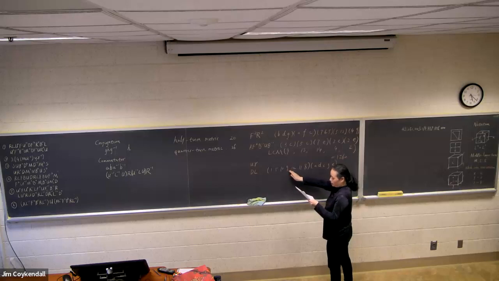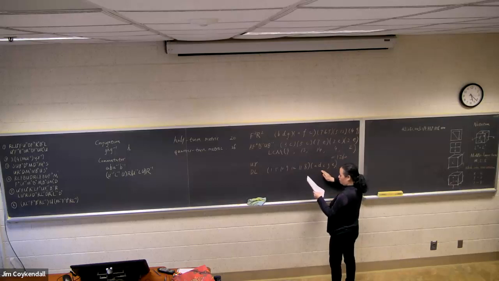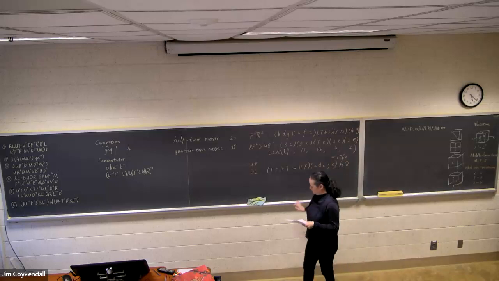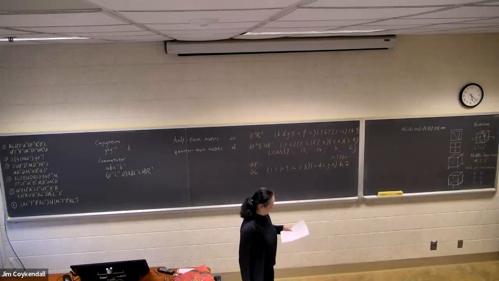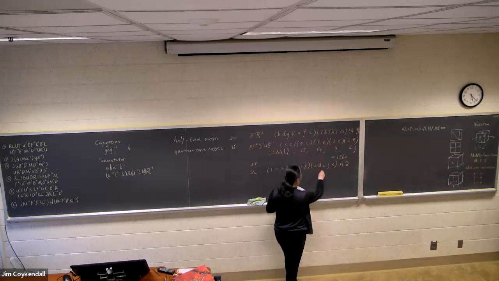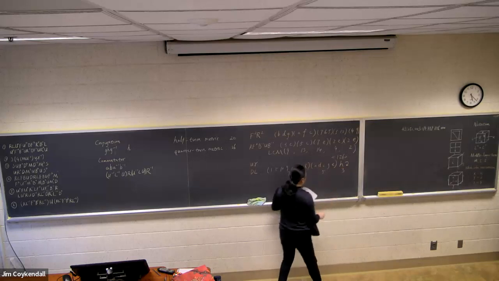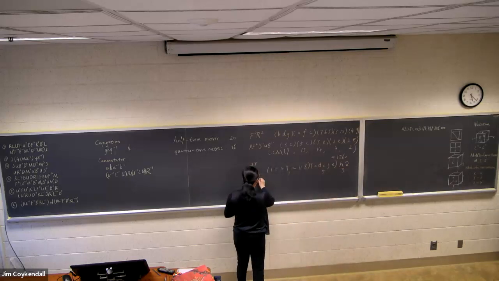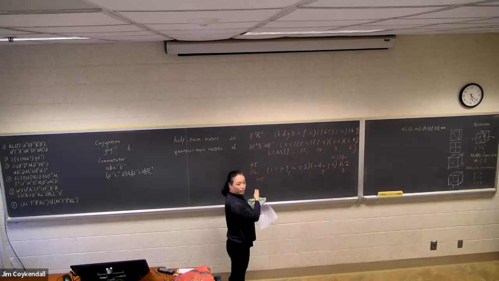A cycle of 7 edges, a cycle of 5 corners, and then one corner is twisted clockwise. So this one has 7, this one is 5, this one is 3. After we do 105 times, we get back to identity, right?